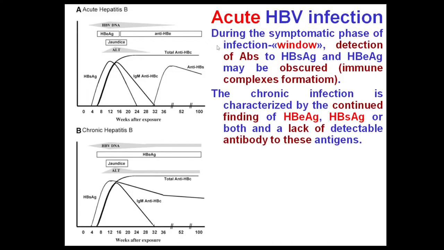So we will have a gap in identification of HBs antigen and anti-HBs antibodies. Chronic infection is usually characterized by the continued finding of hepatitis E antigen, hepatitis S antigen, or both, and the lack of detectable antibodies to this antigen. See, anti-HBs, so no anti-HBs.